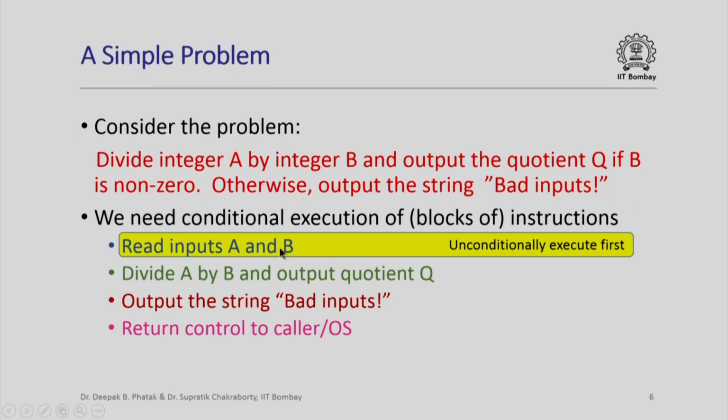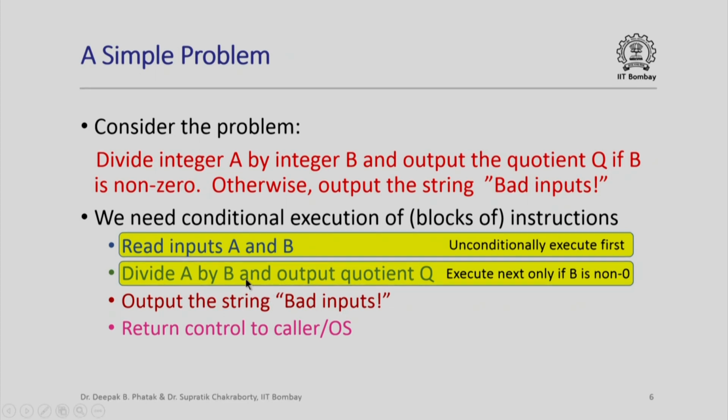Now reading of the inputs a and b must be unconditionally executed, and this must be the first thing that we do. However, dividing a by b and outputting the quotient q should be a conditional execution. We should execute this next after reading a and b only if b is non-zero.